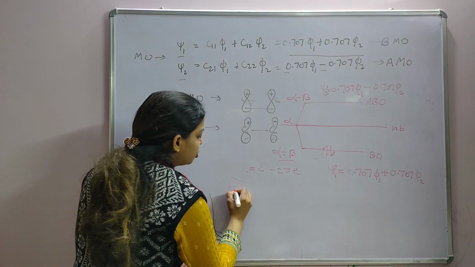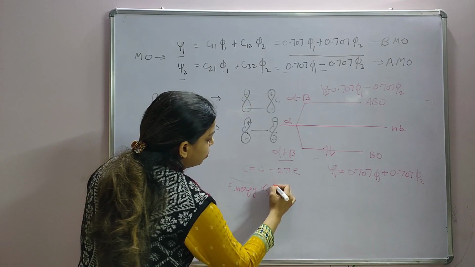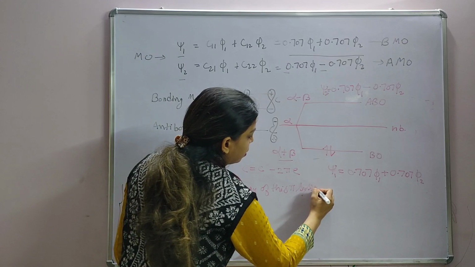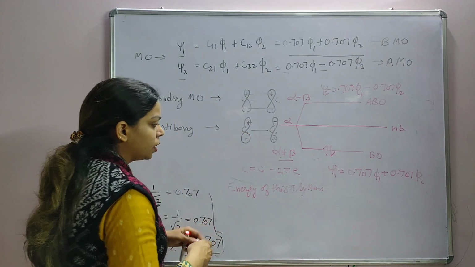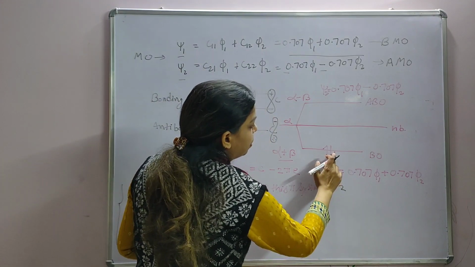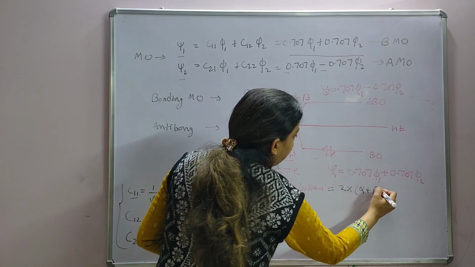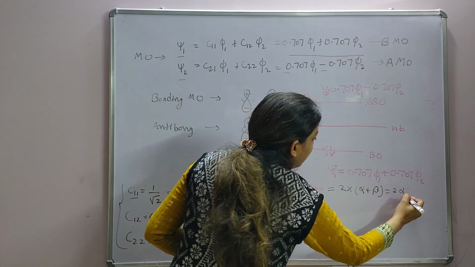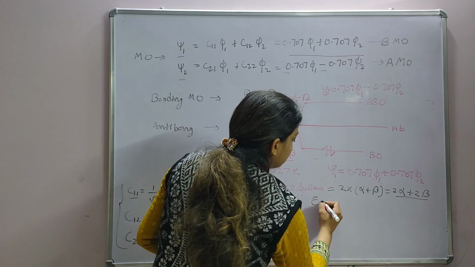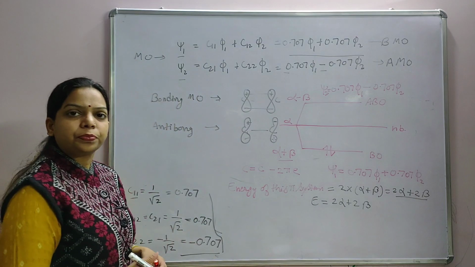So what will be the energy of this pi system? It will be 2 times the energy of this level, alpha plus beta. It becomes 2 alpha plus 2 beta. So we can say the energy for this system is 2 alpha plus 2 beta.